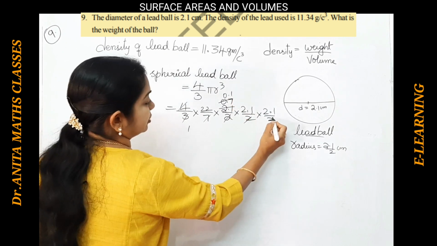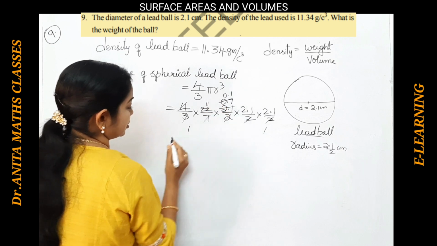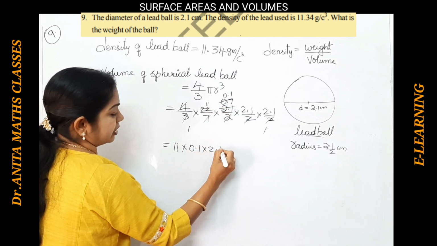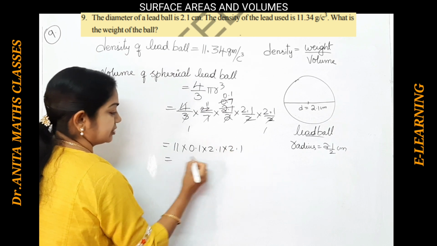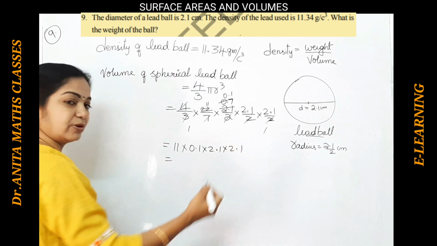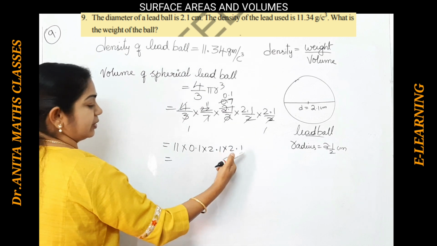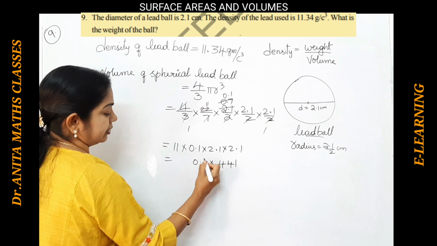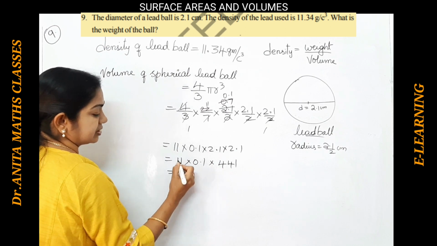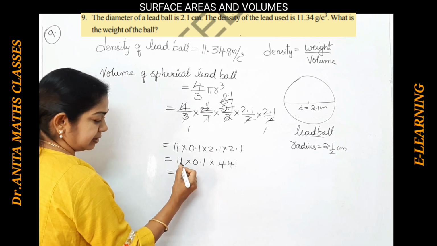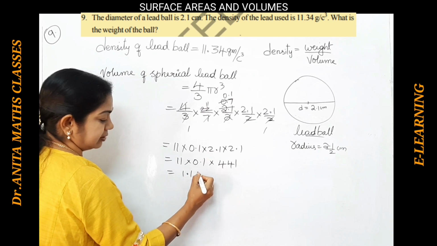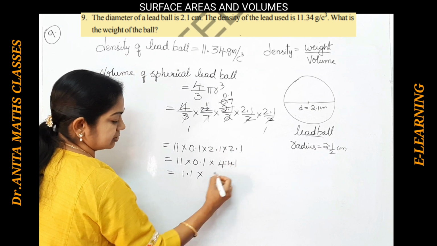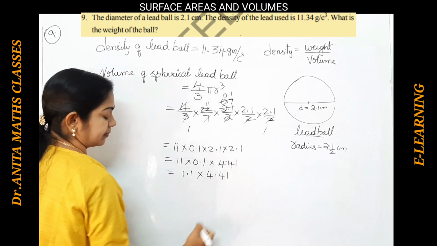And what else is left over? 2 again, 2 ones are 2, and 11. So what is left over is 11 into 0.1 into 2.1 into 2.1. Remove the decimal points: first multiply 21 into 21, we get 441, 21 square. Into 0.1 into 11 here. 11 ones are 11, with the decimal point, 4.41.